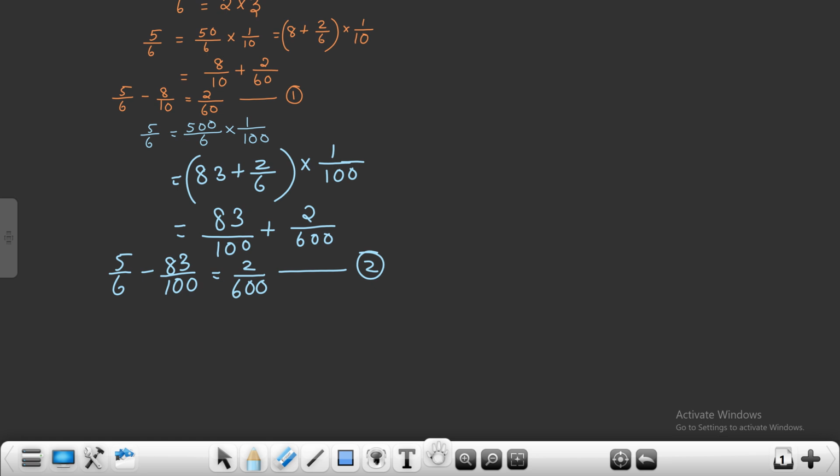From the first step and the second step, we cannot continue the next step. So, one more step. Multiply the 5 by 6 by the next power of 10. Next power of 10 is what? 1000. Multiply by 1000. 5 by 6 is equal to 5000 by 6 into 1 by 1000.